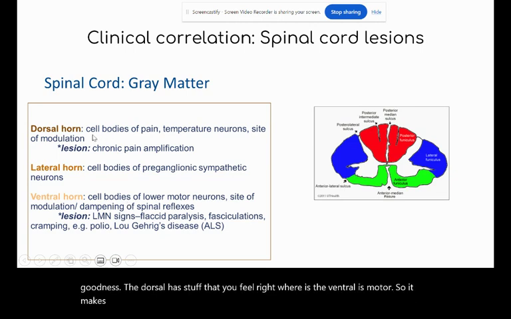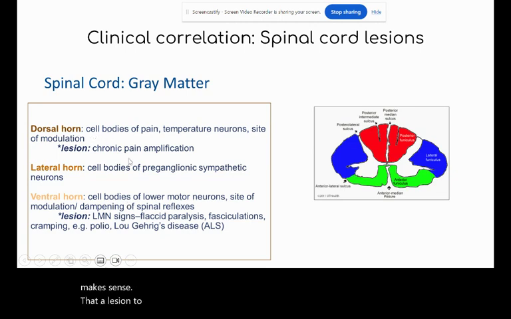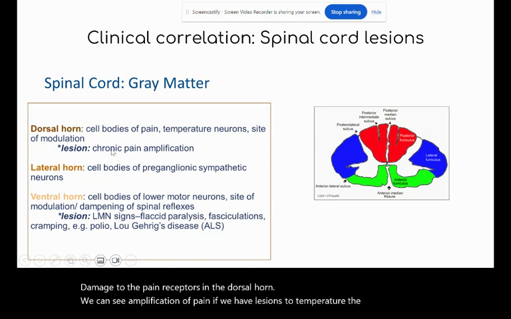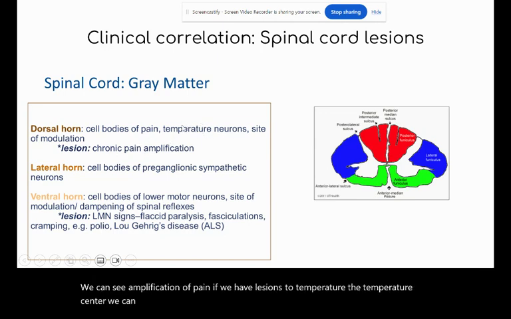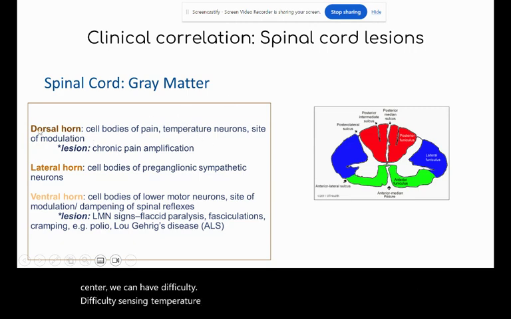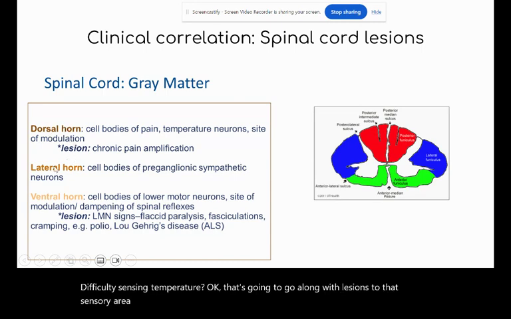So it makes sense that a lesion to the dorsal horn could affect sensation. So if we have, for example, damage to the pain receptors in the dorsal horn, we can see amplification of pain. If we have lesions to the temperature center, we can have difficulty sensing temperature. That's going to go along with lesions to that sensory area, the dorsal horn.